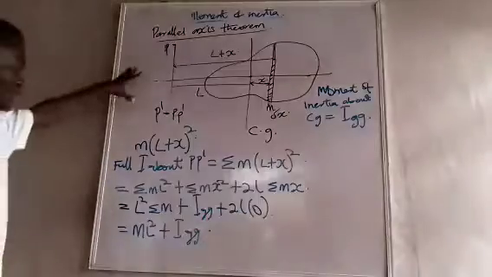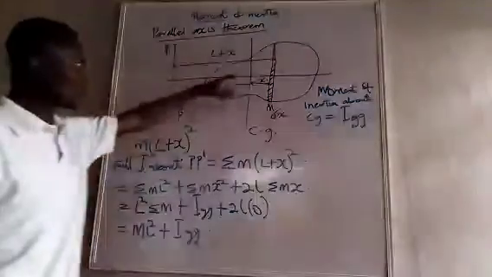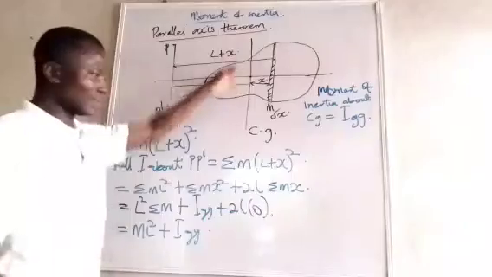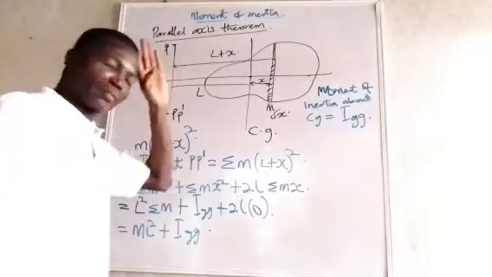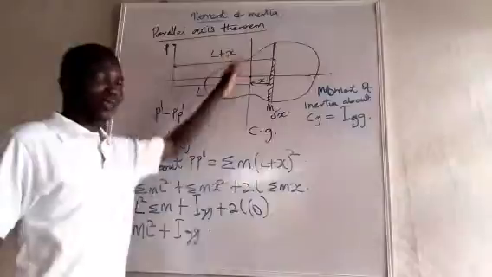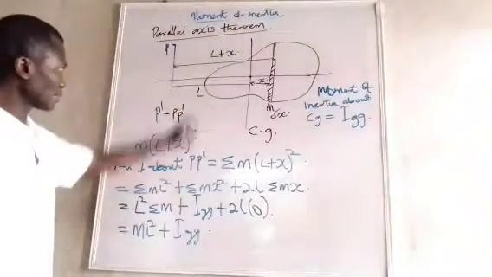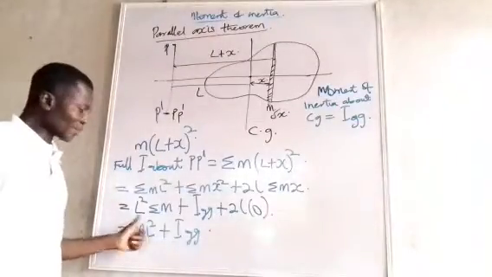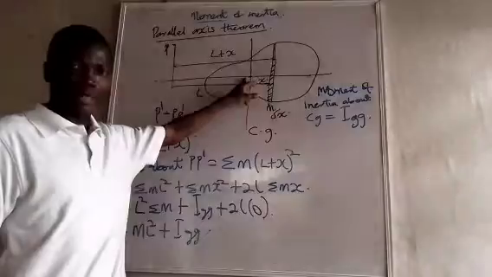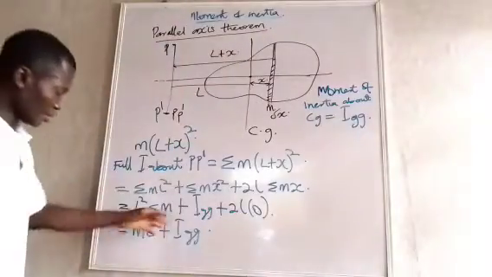So the parallel axis theorem is telling us that once we know the moment of inertia about the center of gravity, and we want to calculate the moment of inertia about an axis parallel to the center of gravity, you just take the distance from the center of gravity, square it, multiply it by the mass, and then add the product to the moment of inertia about the CG. You understand what I mean?